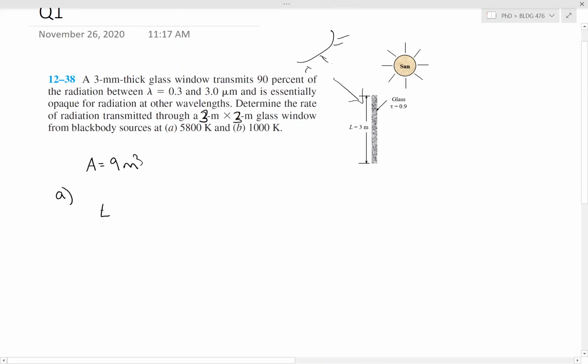So our total emission from our source is the emissivity times the Stefan-Boltzmann constant, times T to the 4, times our area.